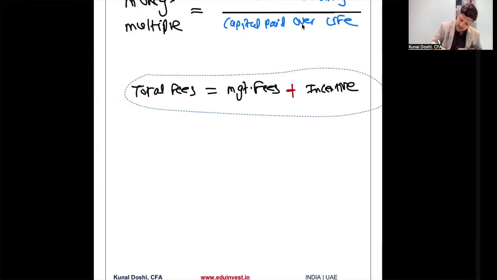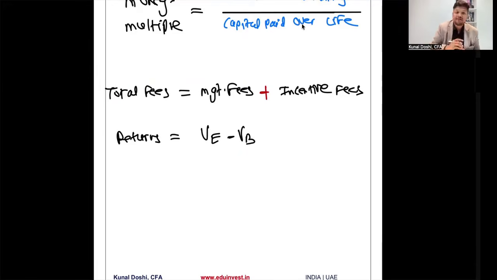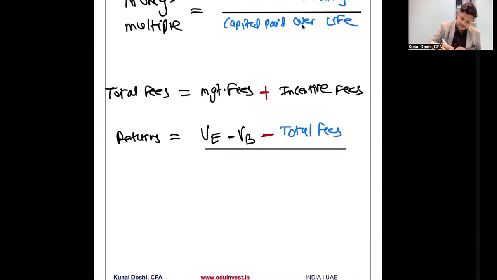Now always remember, the incentive fee is contingent. Returns are based on the ending value of the fund, minus the beginning value of the fund, minus the total fees, divided by your beginning investment in the fund.